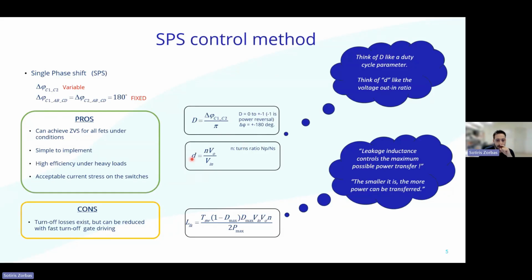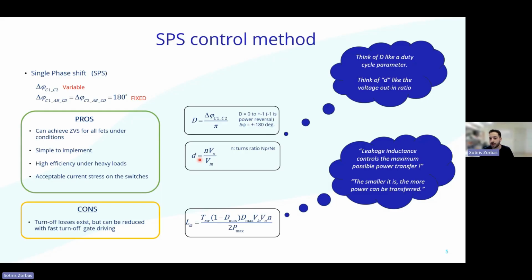Now there is the D, the small letter D, which I think of it like the voltage in-out ratio. It's not the turns ratio, it's a ratio between the input voltage and the output voltage. So if we have a 400 volts input voltage and a 40 volts output, for example, and you have a 10-to-1 turns ratio, exactly if you choose 400 volts and 40 volts at the output, this D will equal to 1.